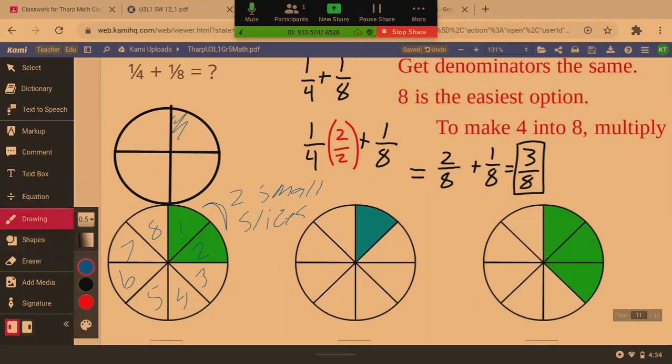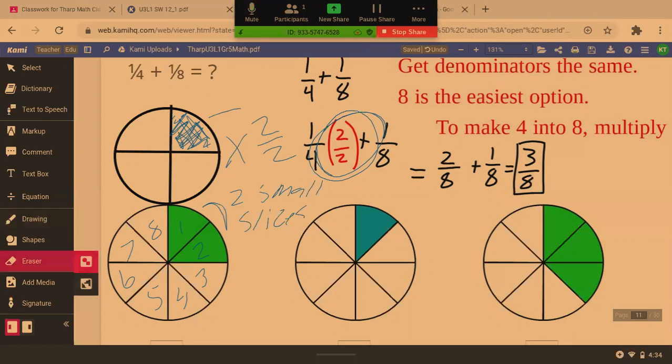Or would you rather have 1 big slice? Either way, it's the same amount of pizza. The way you're cutting it is different. When we manipulate and multiply 1/4 by 2/2, we're just cutting more pieces. You can still eat the same amount of pizza. You're just going to cut it differently. That's what we're doing when we manipulate.